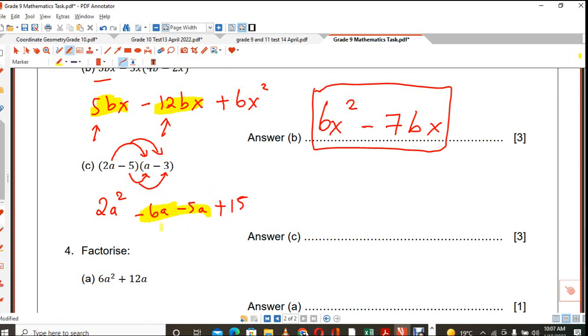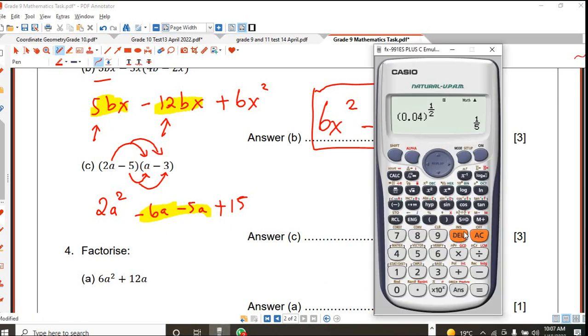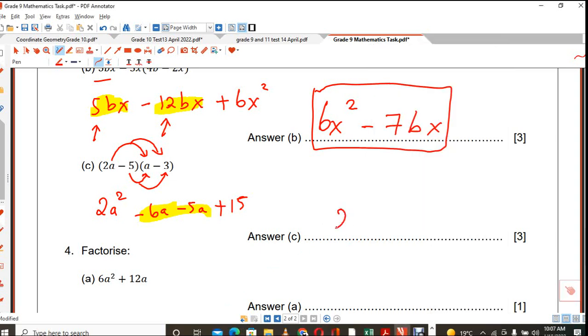Please, if this is confusing to you, just take the coefficients on your calculator. Just go minus 6 or negative 6 minus 5. You'll see you get negative 11, not negative 1. So at the end of the day, it's 2a squared minus 11a plus 15. 1 mark for each correct term.